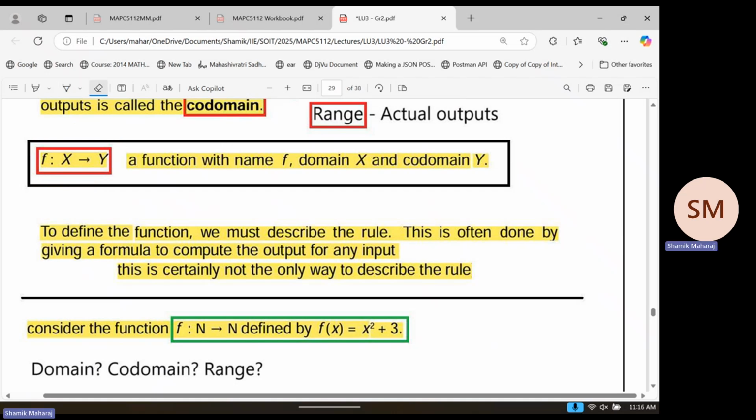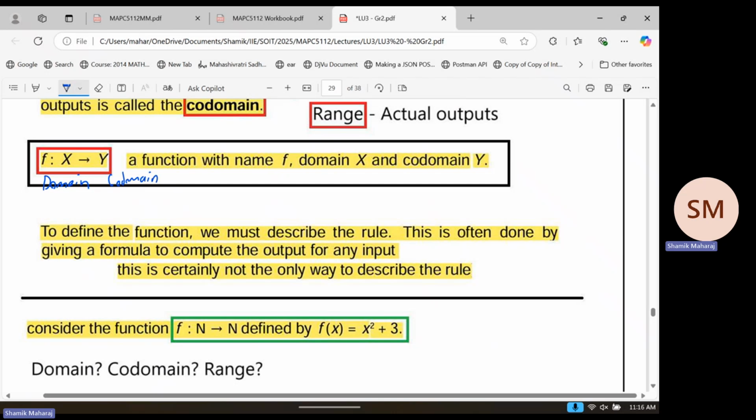It's telling us that the domain is defined right here. This part here is the domain. After the arrow is the codomain. So this you need to remember, this is standard. You will always see this and it tells you what is the domain and what's the codomain.